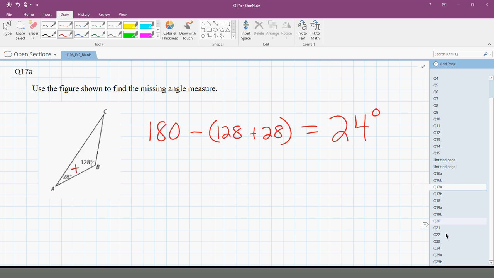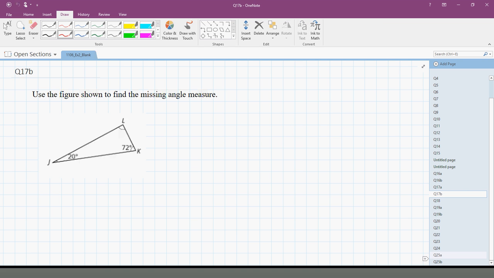So let's do it again. My missing angle on this one is L. How are we going to determine what L is?